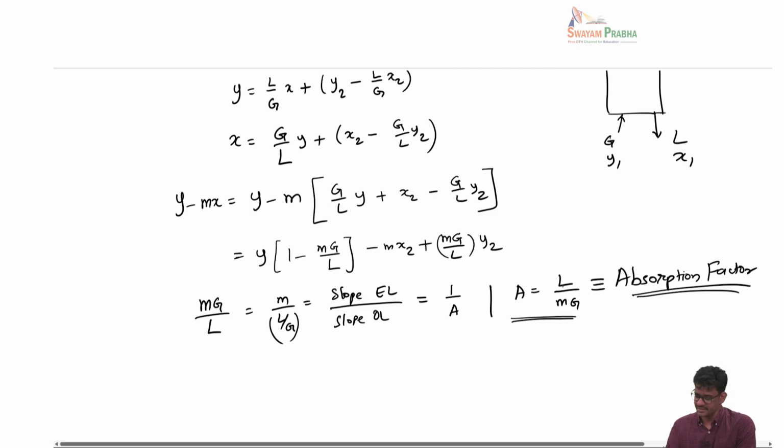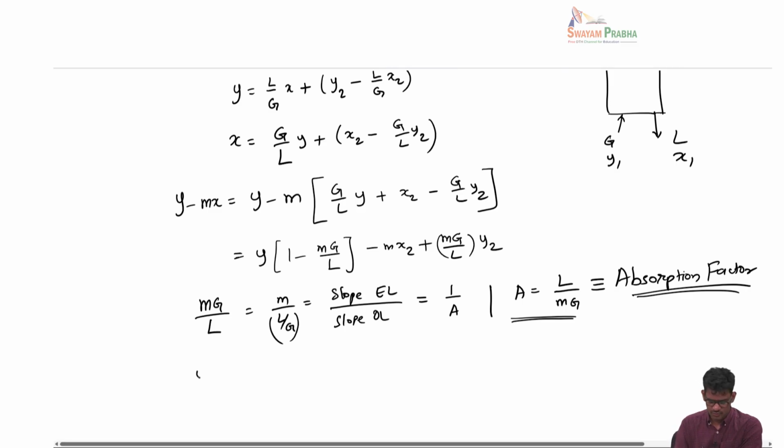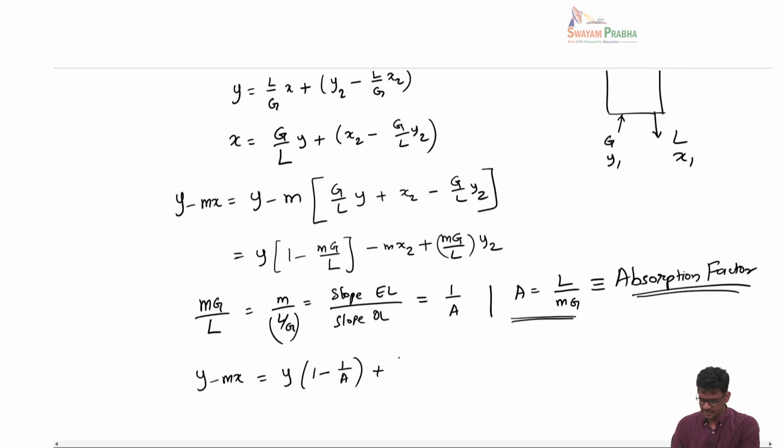It is defined as L by mG, but here we have the inverse of that, mG by L. So y minus mx is given as y times (1 minus 1 by A) plus (y2 by A minus mx2).